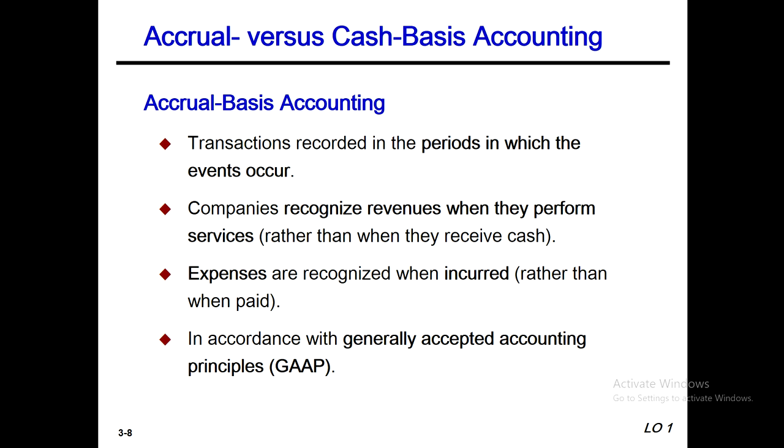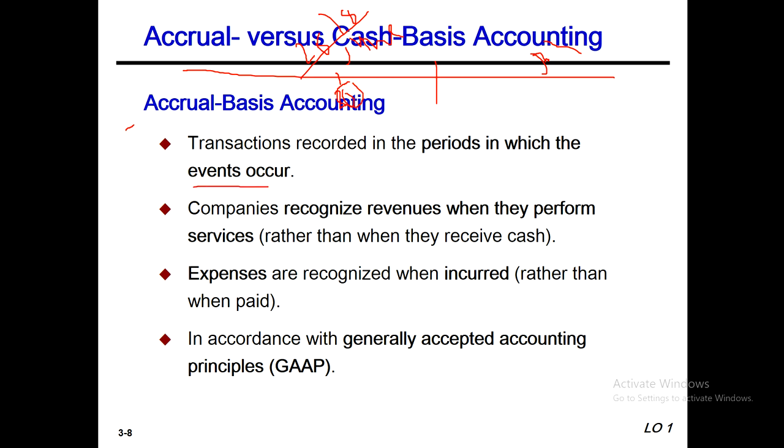Now the accrual basis of accounting. It is very easy to understand. Suppose this is the month of June and this is the month of July, and this is June 20, 2018. Look at this example: transactions are recorded in the period in which events occur.